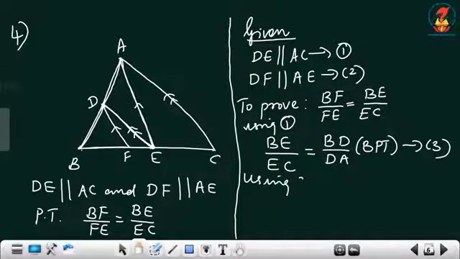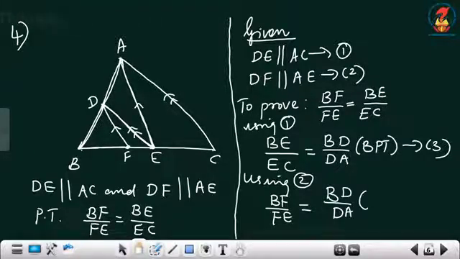Same way, using 2, DF is parallel to AE. So, we have to consider triangle BAE, in which DF is parallel to AE. So, we can write BF by FE is equal to BD by DA using BPT.